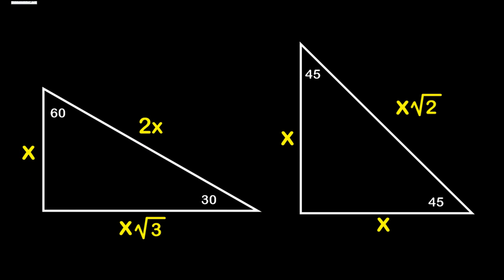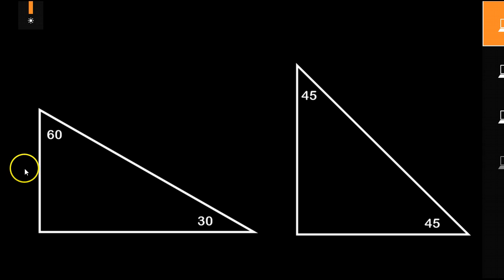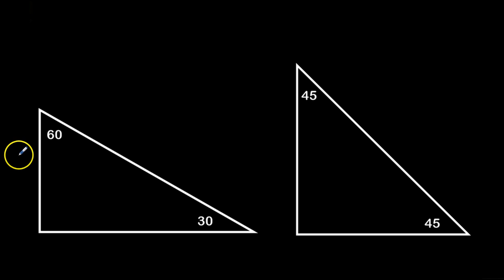So let's now take a look at some examples. This is probably the easiest scenario. Let's say the short leg of a 30-60-90 is 4. What is the hypotenuse going to be then?